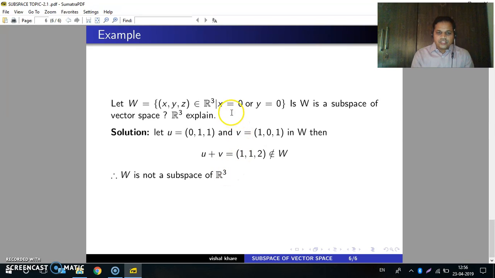The elements of W are such that either the first coordinate is equal to 0 or the second coordinate is equal to 0. But here the first coordinate is not equal to 0 and the second coordinate is also not equal to 0. So this element does not belong to W. Therefore, W is not a subspace of R3. Thank you.